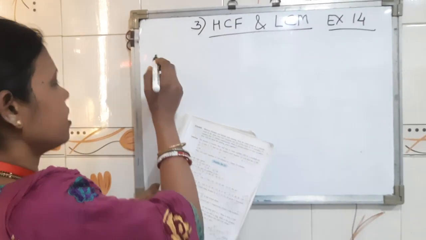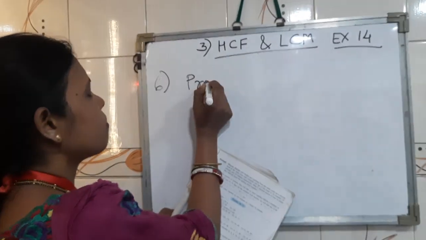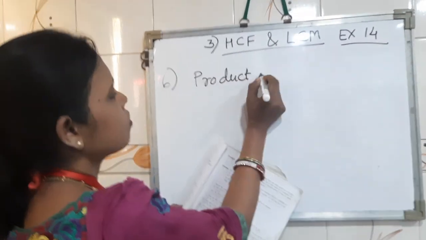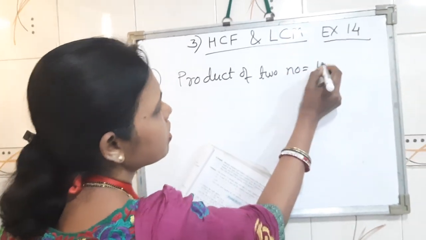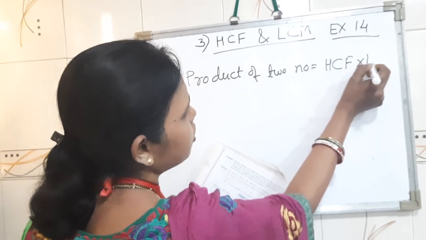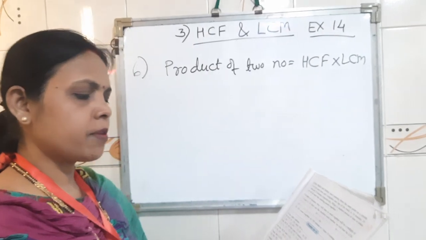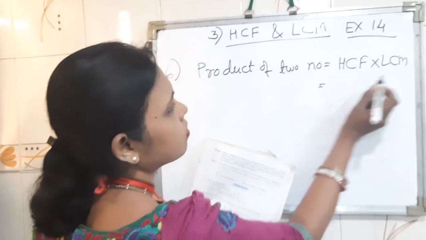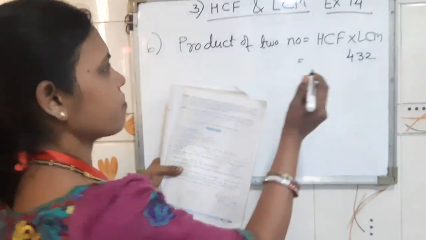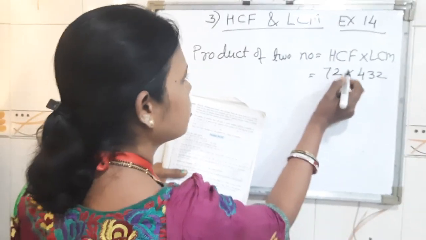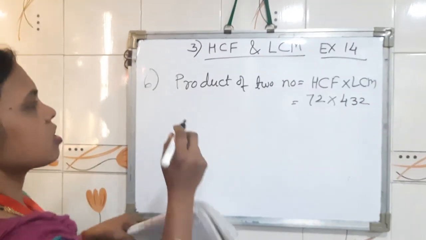Product of two numbers equals HCF into LCM. Here LCM is given 432 and HCF is given 72.